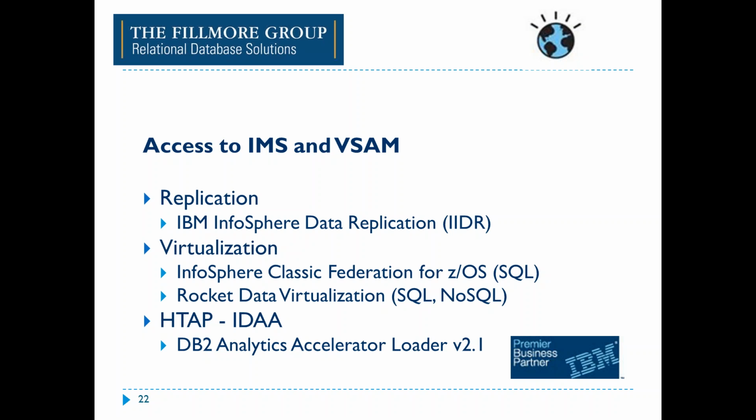So for example, IMS, VSAM, DB2, but also many others on other platforms. The ability to issue an SQL command and in real time get access to the data where it resides and have the virtualization server be able to translate that data from VSAM into a format that can be consumed by the application that's requesting it. And then finally, both IMS and VSAM data are available on HTAP.